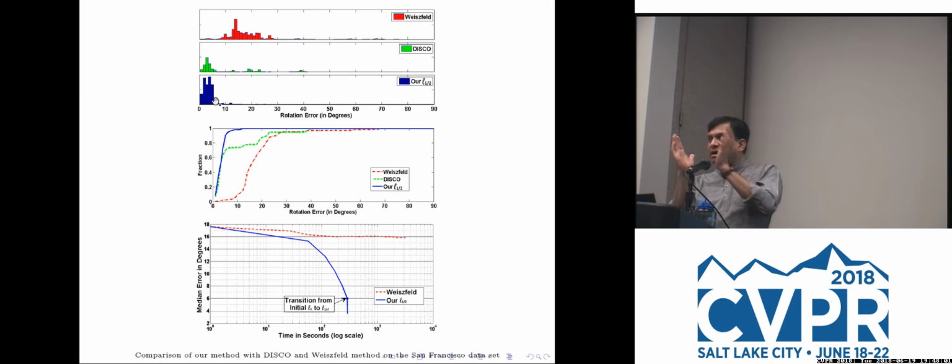As you can see, if your histogram is closer to the origin, it moves to the left, then you're doing better, right? So these are like ROC-like curves, and this blue curve is ours. This is the Weiszfeld algorithm, and it does pretty poorly in this case, and this is the DISCO method, which does the graph inference problem.